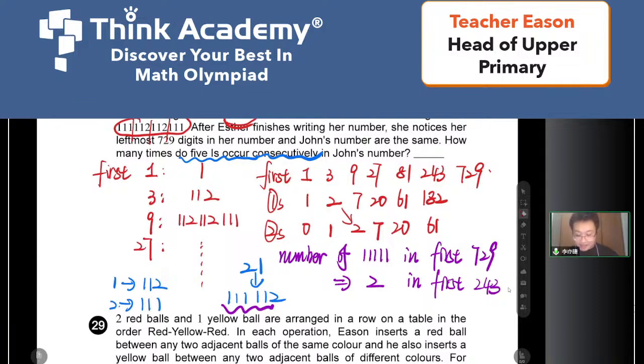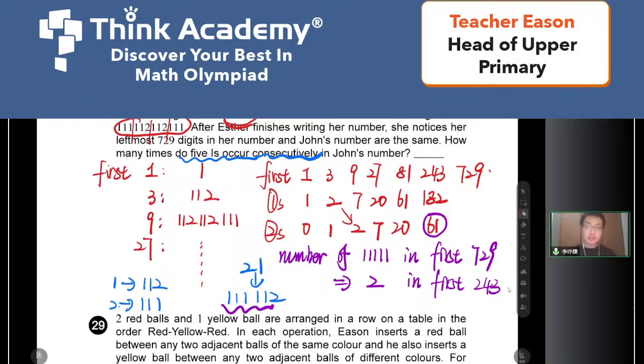It's not asking for the number of 2s, but you can just calculate the number of 2s in the first 243 digits, because as long as there is a 2 here, there would be a 1, 1, 1, 1, 1 in the 729. So now we see there are 61 2s in the first 243. So there must be 61 1, 1, 1, 1, 1 in the first 729.